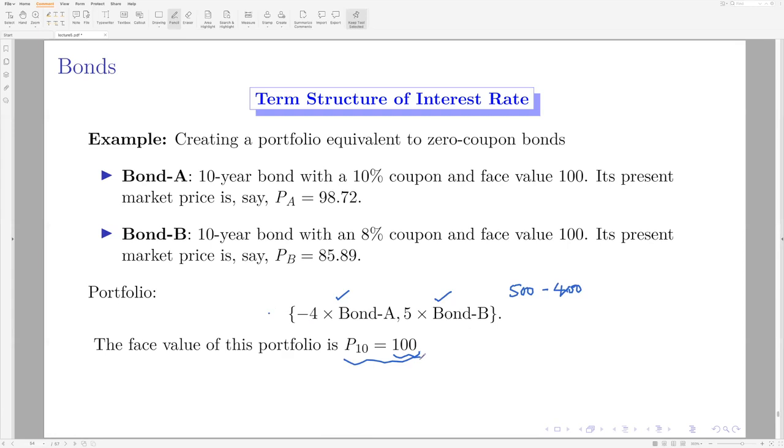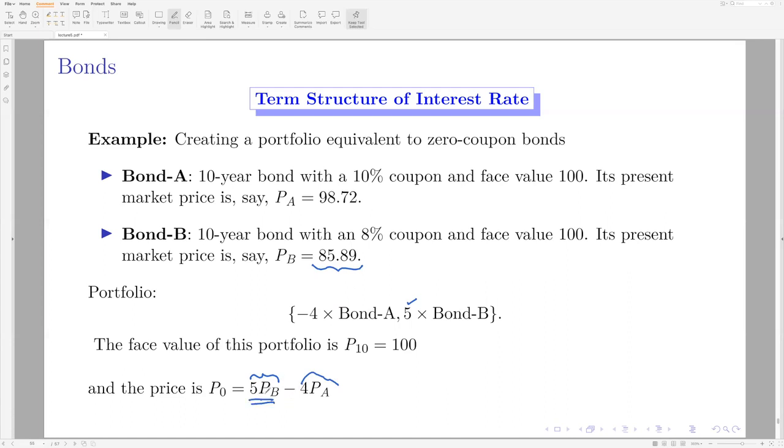So this kind of strategy we will be using from now onwards. That's why I'm giving a little time and explaining it to you. What is the price that you paid? While buying bond B, you bought 5 volume, therefore 5 into PB, and you sold bond A, thereby that money came to you. It's a kind of opposite.